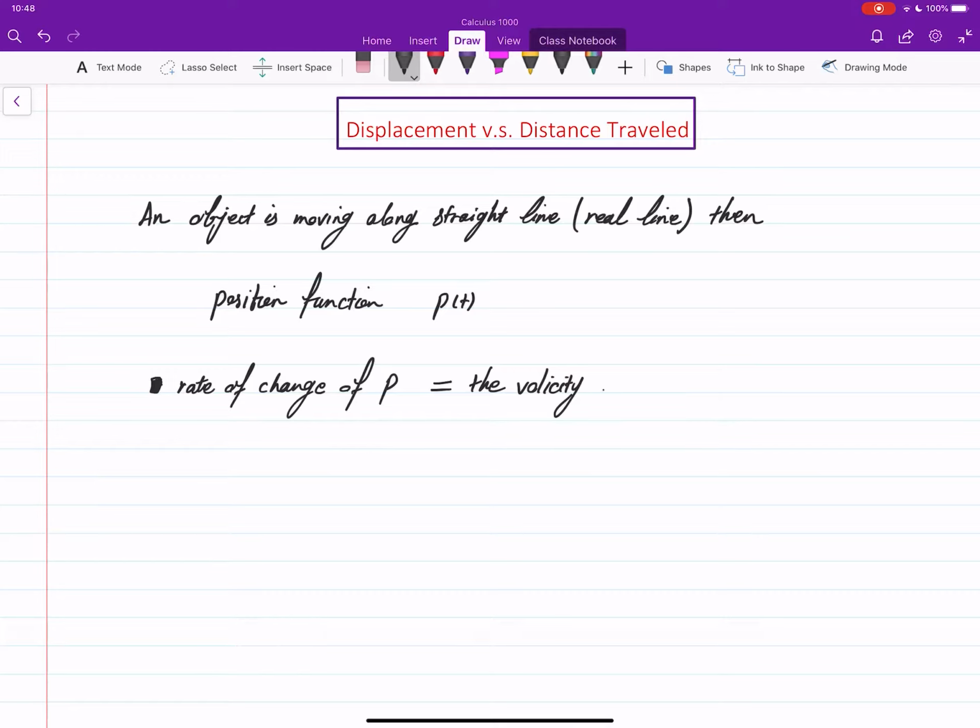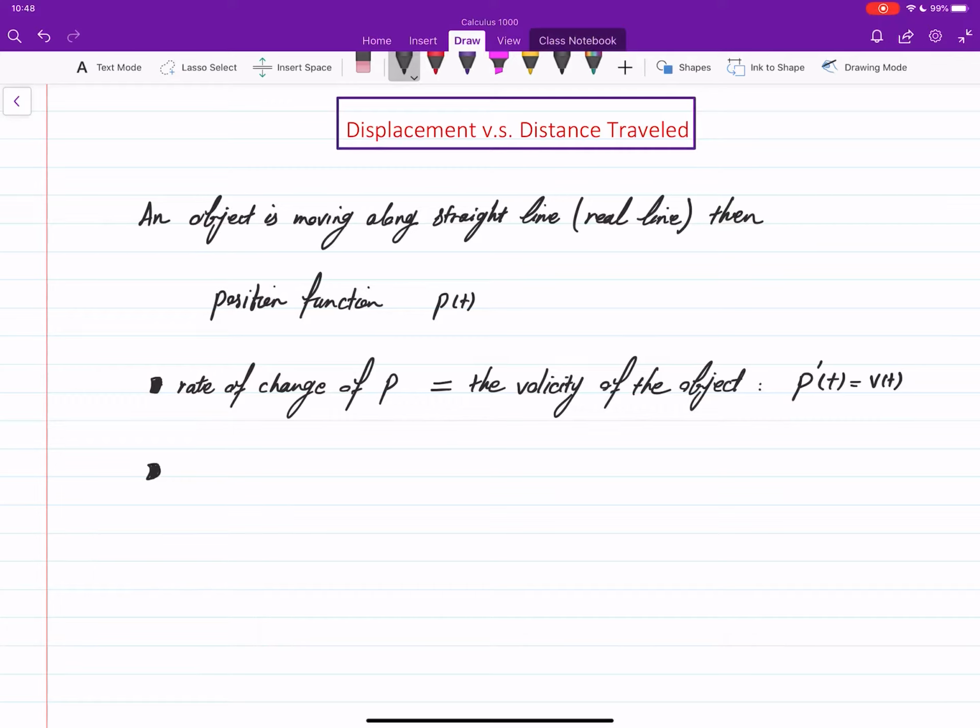So the velocity of the object, in other words, p prime at t is equal to v(t), velocity at time t.